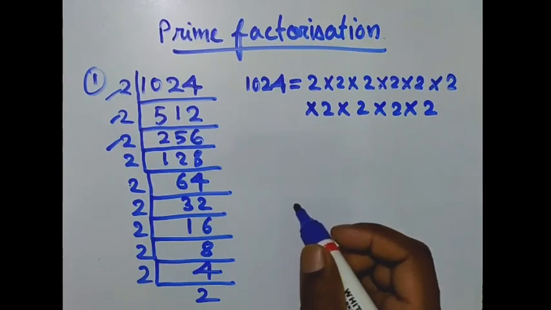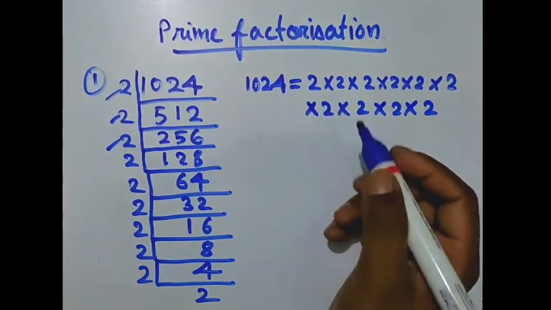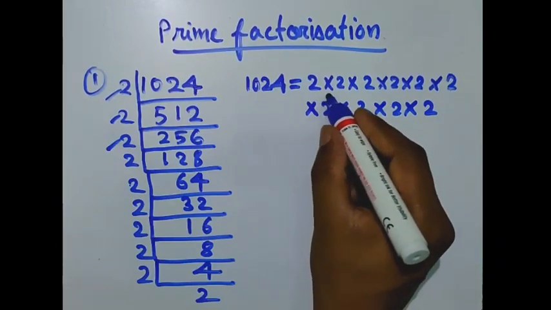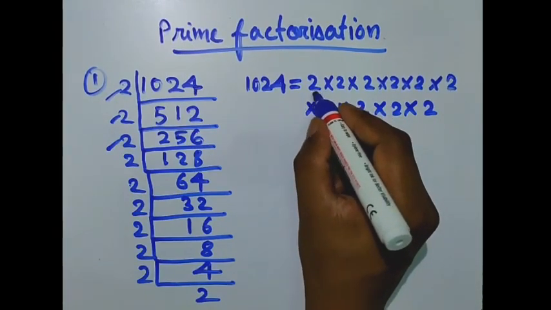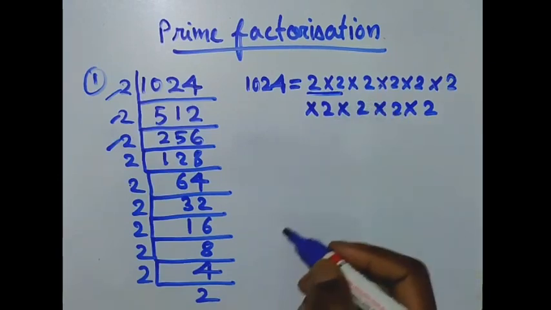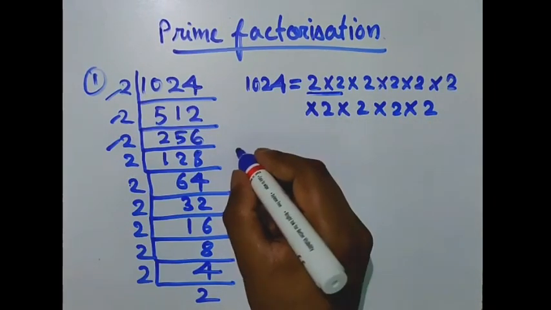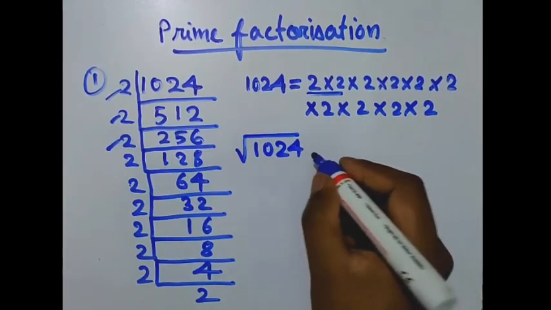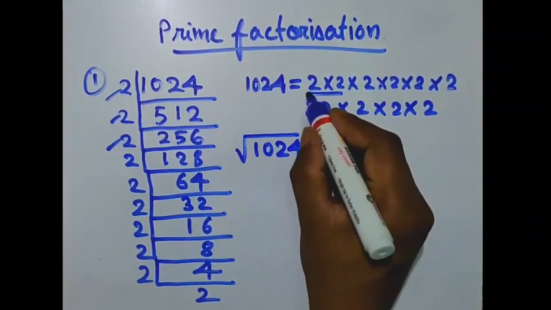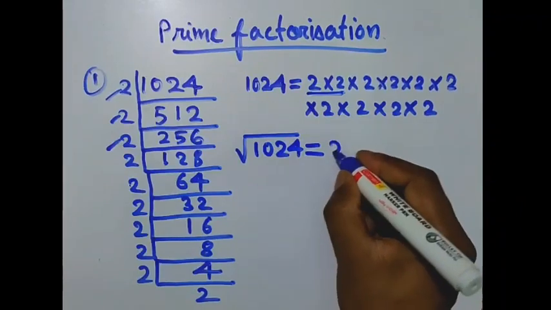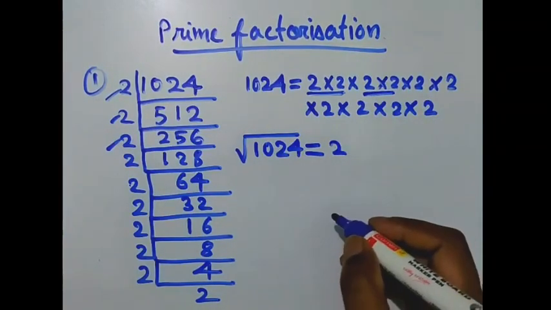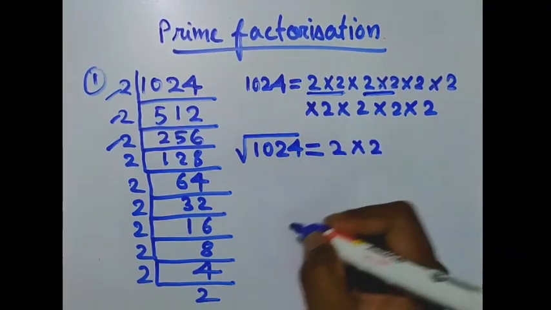Now what will we do after this? We will try to pair the common factors. So here we have 2 2s, so we'll pair them as 1. So when we are writing the square root of 1024, we can simply pair them as one 2, and here this is another pair, so we can bring it down as 2.